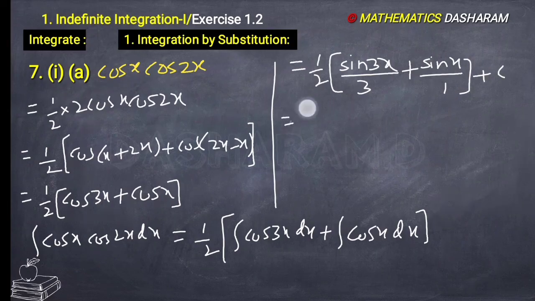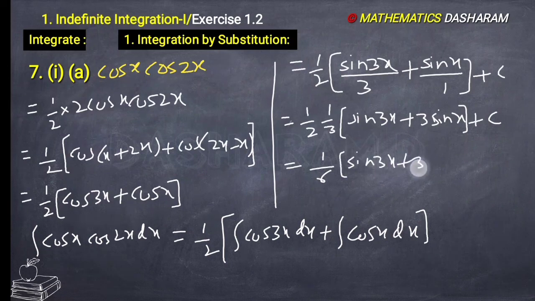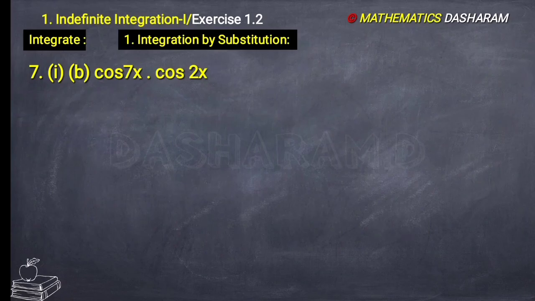So it is equals to 1 by 2. Take the 1 by 3 common. So then sin 3x, here we are taking the 1 by 3 common, then 3 sin x will come here, 3 sin x plus c. So the final answer is 1 by 6 bracket of sin 3x plus 3 sin x plus c is our required answer.